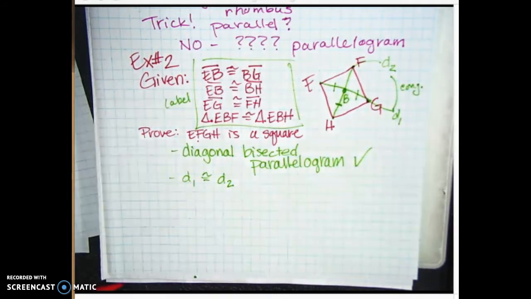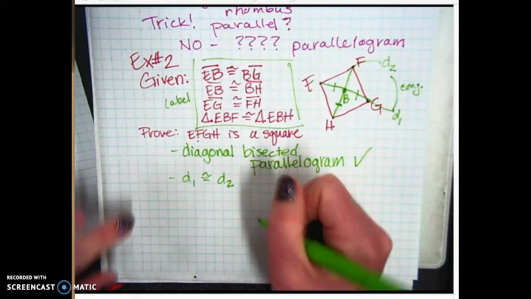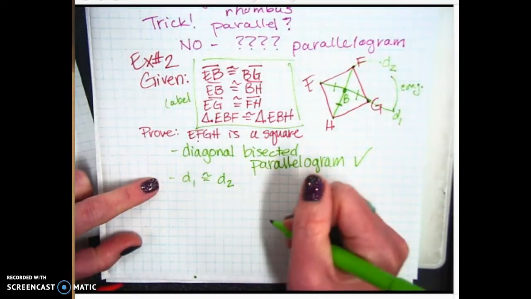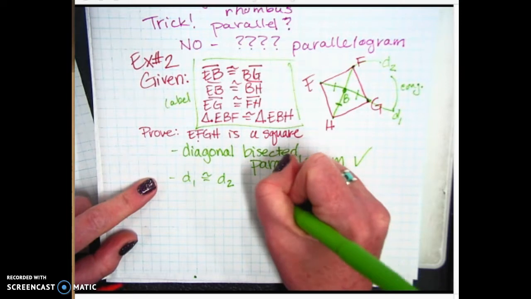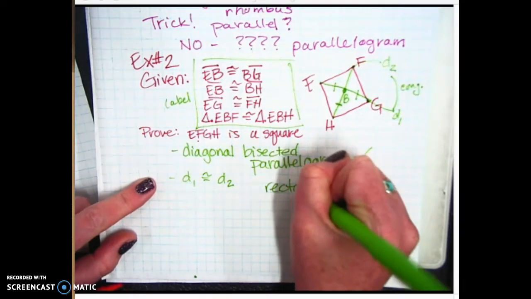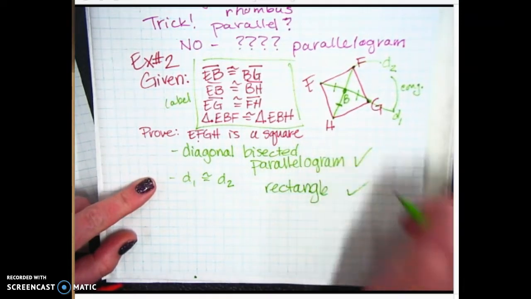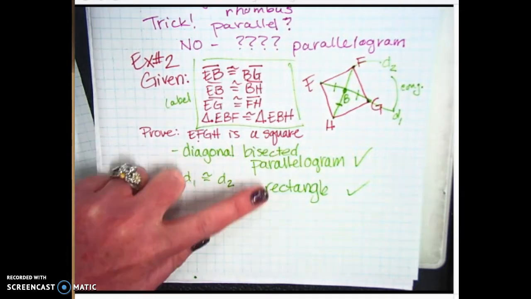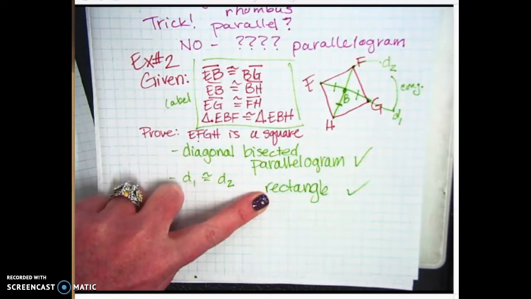Look on the list. Does it prove rectangle, rhombus, or square? Rectangle, right? Under rectangle, the second condition is that if the diagonals are congruent, then yes, we've got a rectangle. Check. So we've got parallelogram, we've got rectangle.